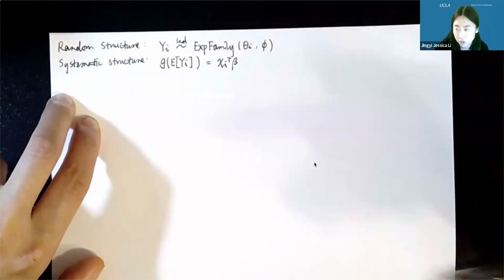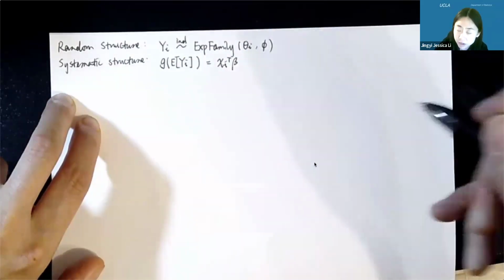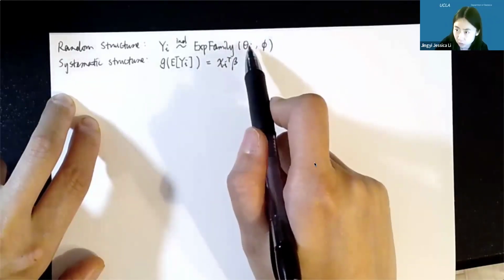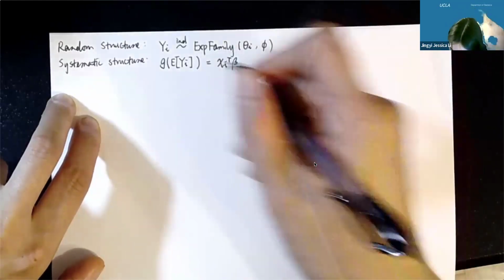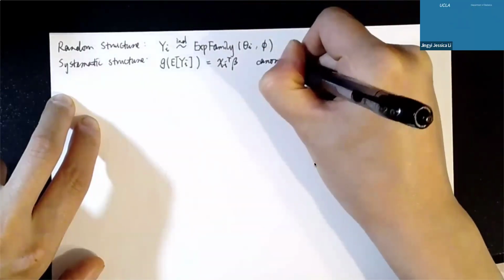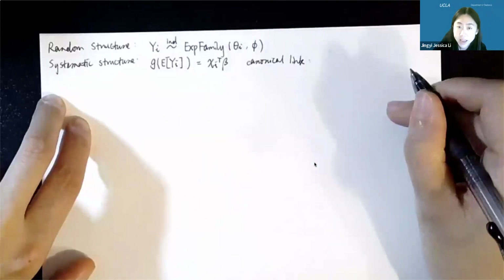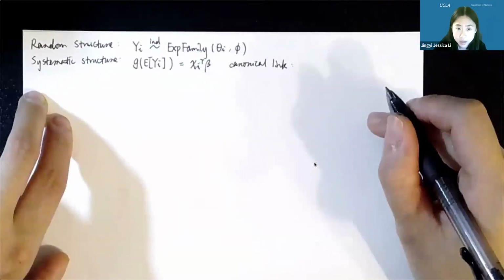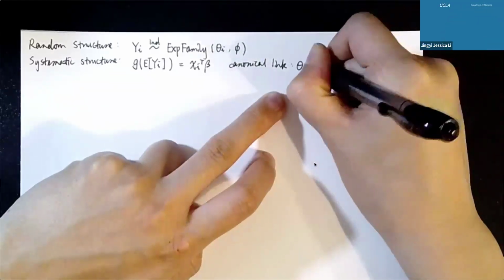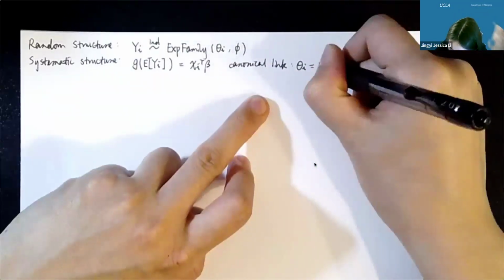So therefore, the question becomes, how do we estimate this beta? But before we go there, there are many things we need to link together, all related to the location parameter. If we are under the canonical link function, we have this relationship specified as theta i equals this linear predictor eta i.